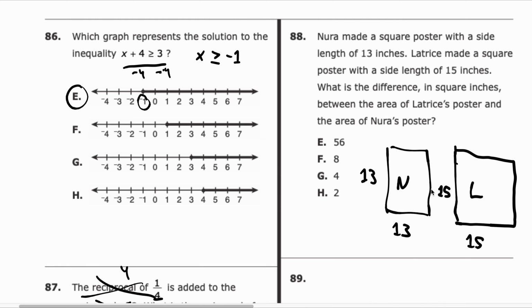What is the difference in square inches between the area of Latrice's poster and the area of Nura's poster? So basically we have to compute the area of both posters and then calculate the difference. The area of Latrice's would be 15 times 15, and the area of Nura's would be 13 times 13, and then I think that difference would be 56.